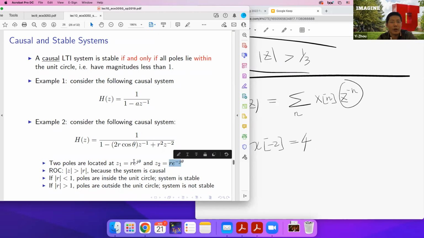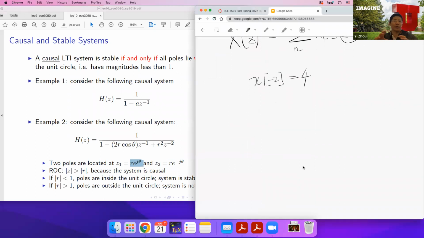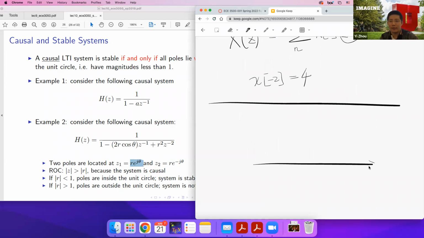So these 2 points are located on the circle with radius r, but with different phases. And because the system is causal, the ROC should extend outwards. So therefore, we know that the ROC is outside this circle with radius r.